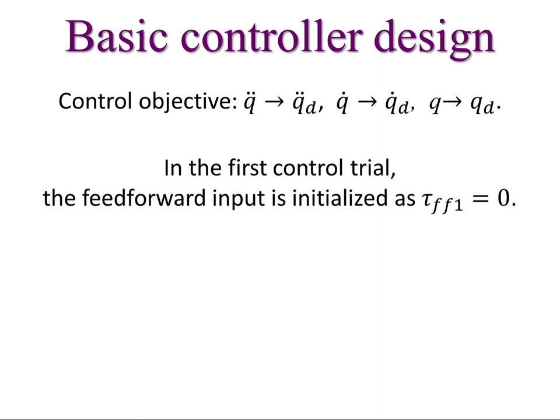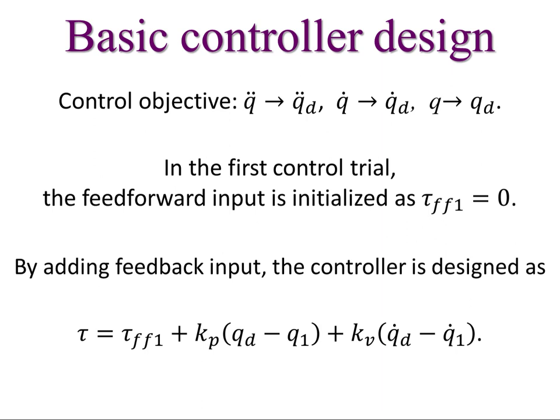If you don't have a special purpose, tau FF1 during the first control trial is initialized with 0. The controller is designed by adding the feedback inputs to this feed-forward input, as in this equation.